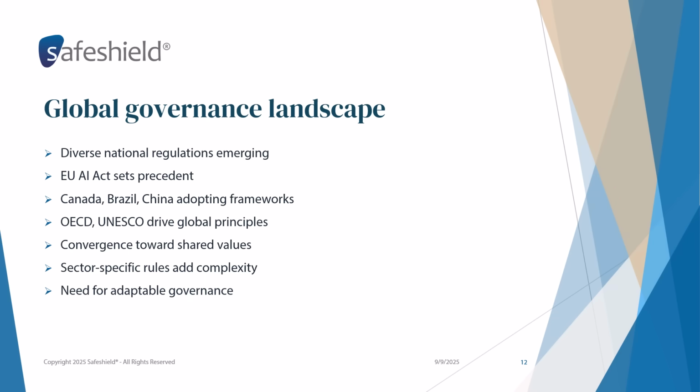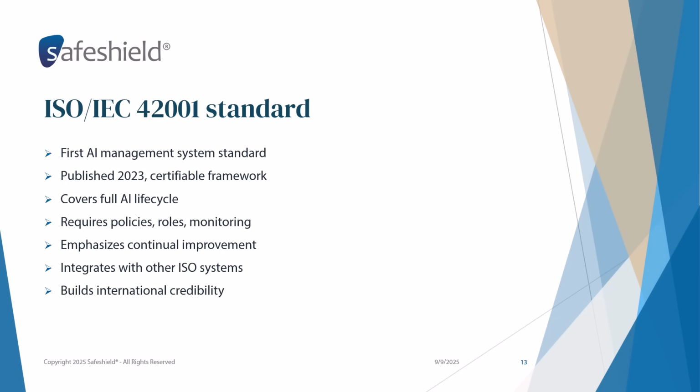ISO 42001 is the first international standard for an AI management system, providing organizations with a structured framework to ensure responsible AI development and use. Published in 2023, the standard extends the well-known ISO management system approach, familiar from ISO 9001 for quality and ISO 27001 for information security, into the field of artificial intelligence.